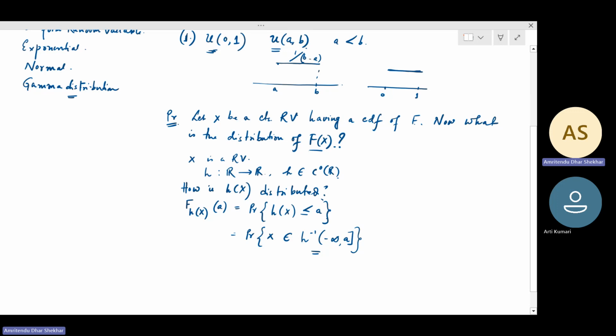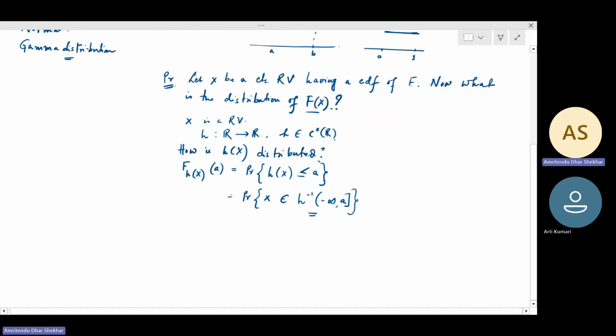Again, when we're talking about h of x, it gets the distribution function of x pushed forward by h, right? So this is just equal to mu of x of h inverse of minus infinity comma a.